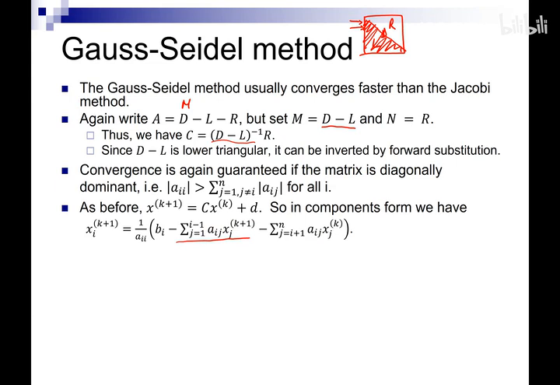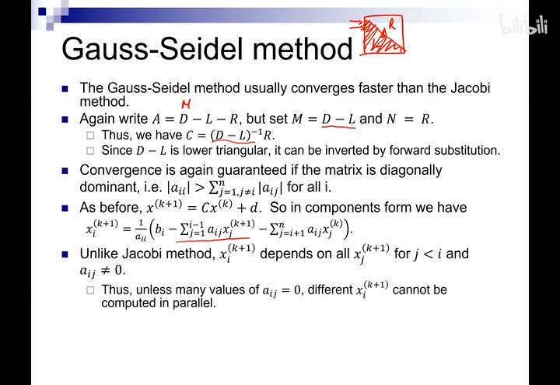Since your inputs are more accurate, your output is also going to be more accurate, intuitively. By using the values from the current k plus first iteration, which is more accurate than the values from the kth iteration, we get more accurate values for these components. This is what allows the Gauss-Seidel method to converge faster than the Jacobi method.